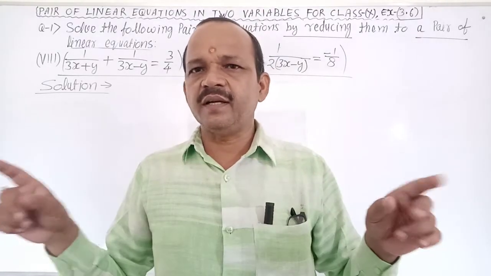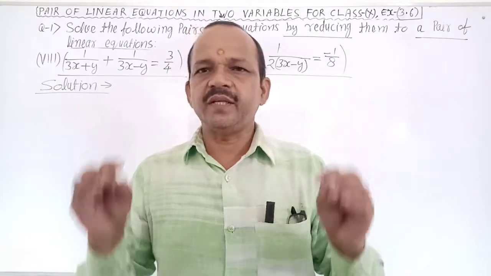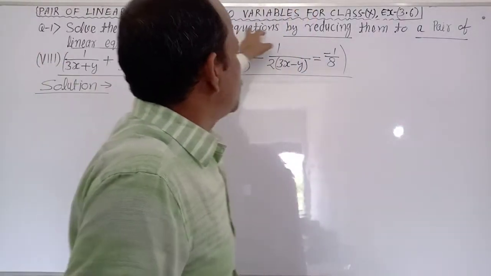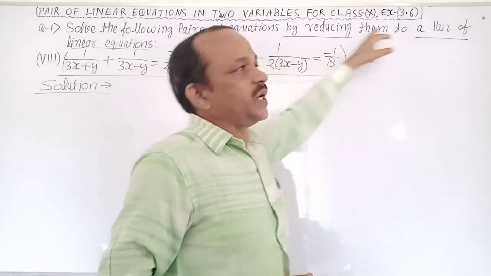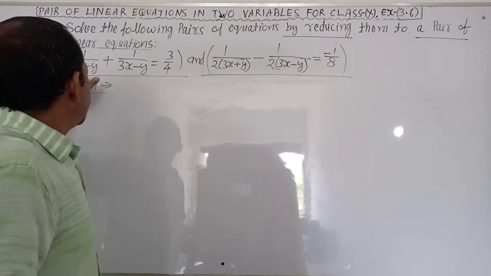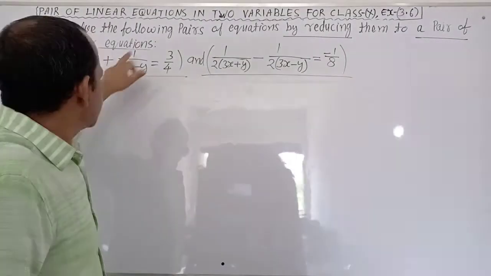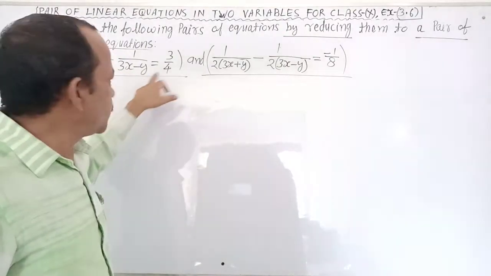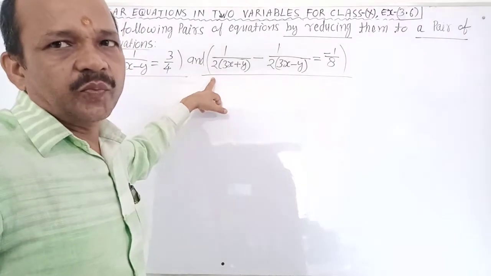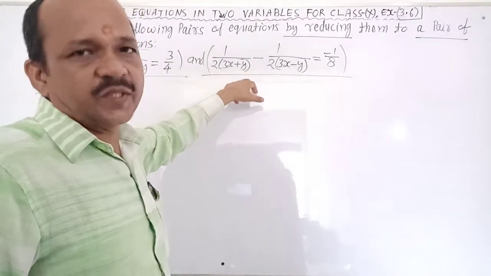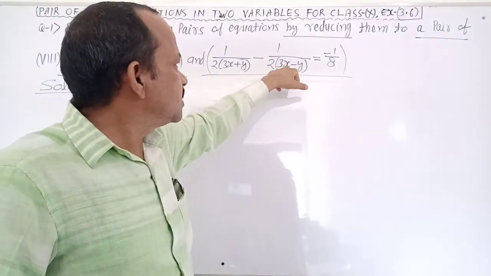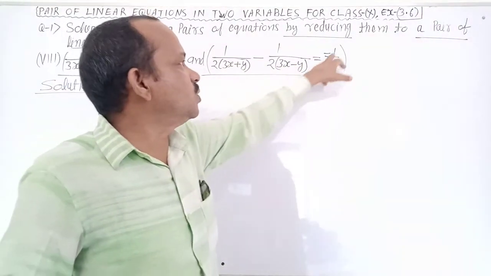My words are clear, no confusion about it. Very good. See the pair of linear equations in two variables for class 10, Exercise 3.6, question number 1, part 8. 1 by (3x plus y) plus 1 by (3x minus y) equal to 3 by 4, and 1 by 2 in brackets (3x plus y) minus 1 by 2 in brackets (3x minus y) equal to minus 1 by 8.